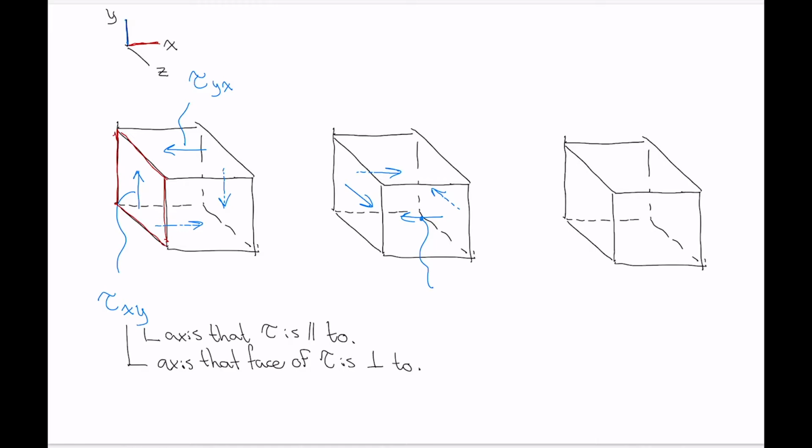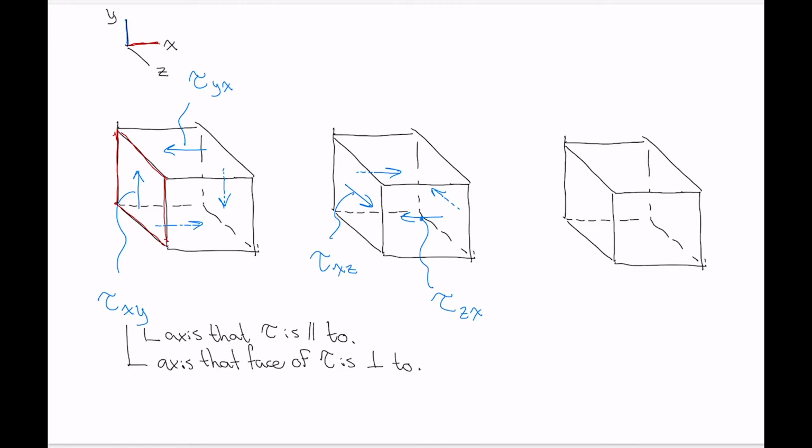How about that one? That is going to be tau. Look at the face that it acts upon. That's the front face. That's perpendicular to the z-axis. So that's tau subscript z. And the next variable, the shear stress is parallel to the x-axis. So it's tau zx. Okay. And then doing that, we automatically know that this is tau xz.